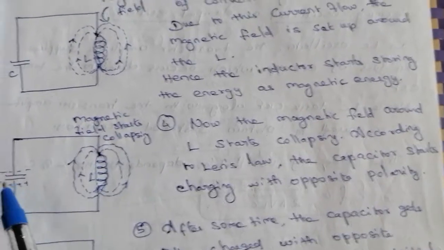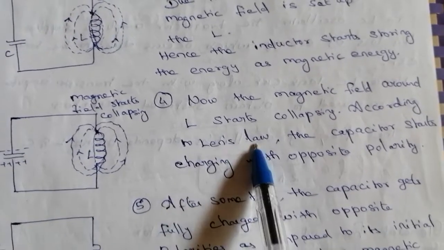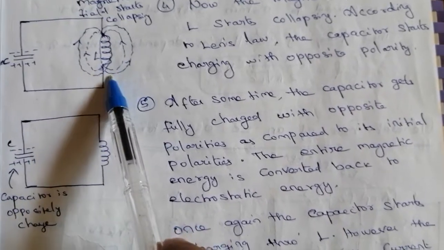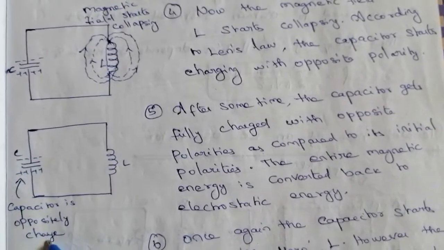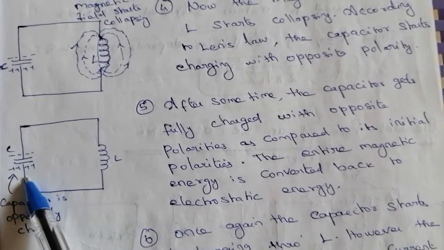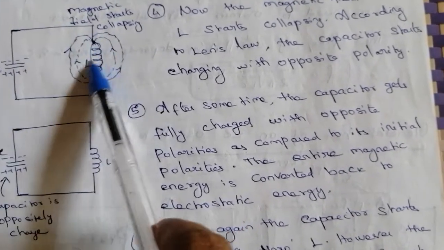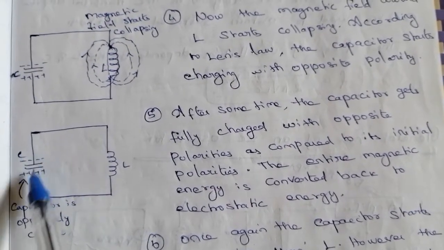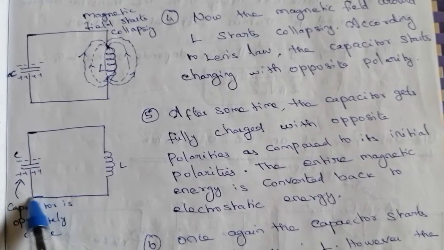Now the capacitor starts charging with the opposite polarity because of Lenz's law. After some time the capacitor gets fully charged with the opposite polarity. The entire magnetic energy is converted into electrostatic energy, because the energy is now stored in the capacitor.